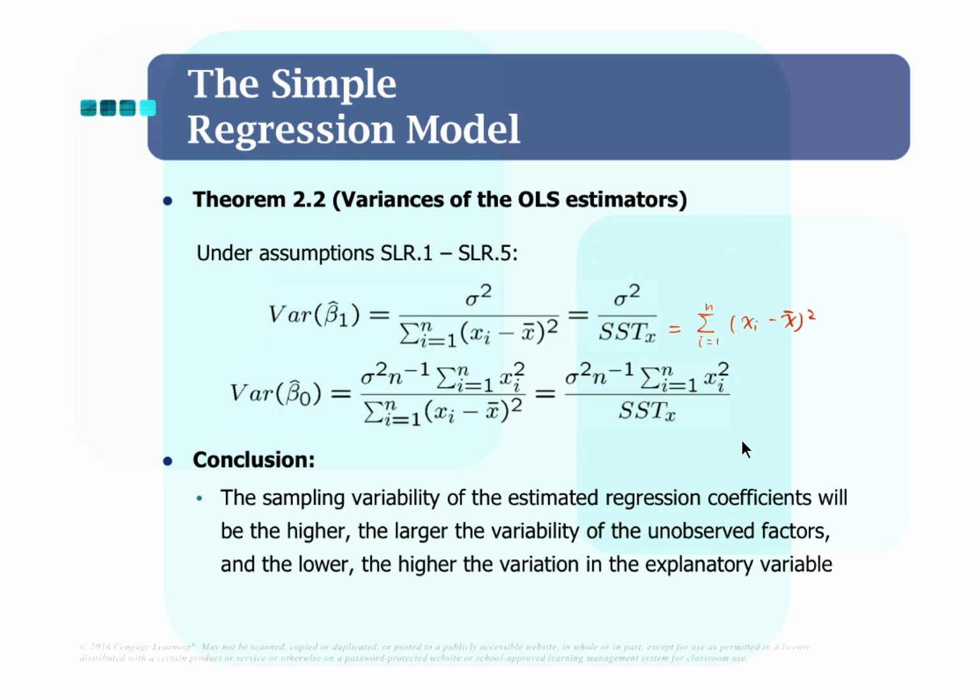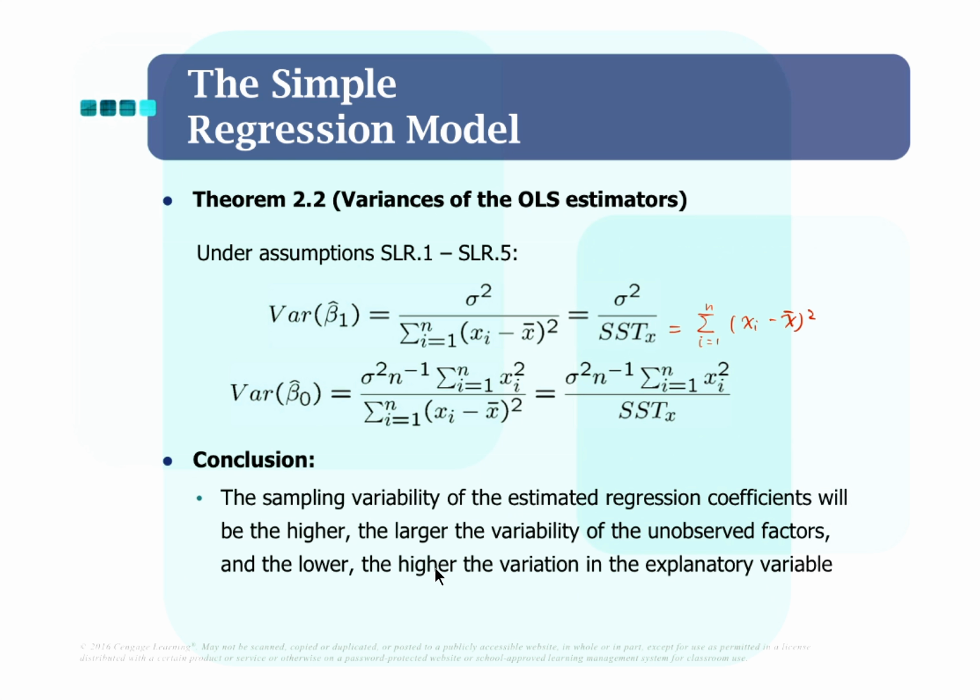But there are some common patterns here. Suppose the sampling variability of the estimated regression coefficients will be higher, the larger the variability of the unobserved factors. Right? If sigma squared is larger, the variance of beta 1 hat and the variance of beta 0 hat will be larger.